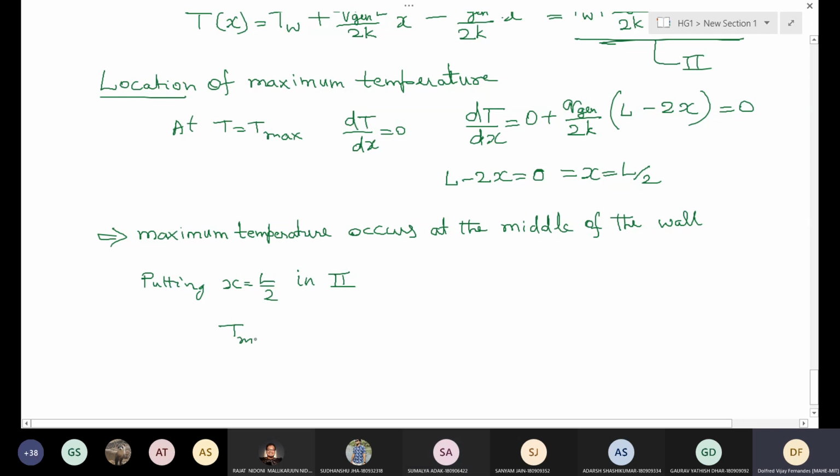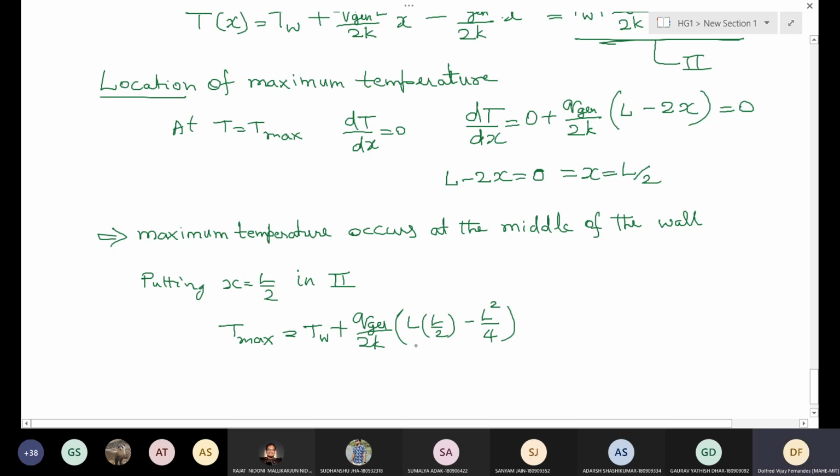T max equal to T wall plus Q generation into L by 2K, into L by 2 minus L squared by 4.